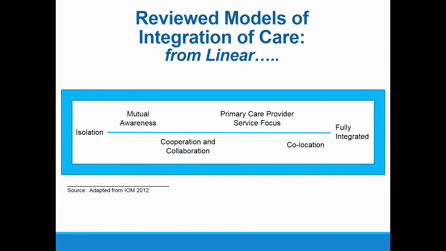Next, we set out to frame a conceptual model that would be our underpinning for what we were looking at. We wanted to combine models of integration and models of health literacy.